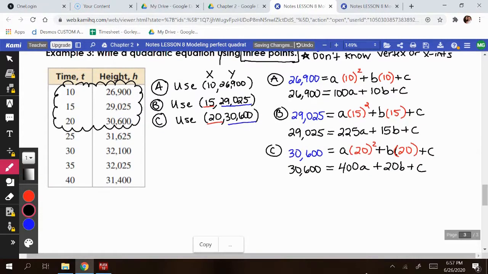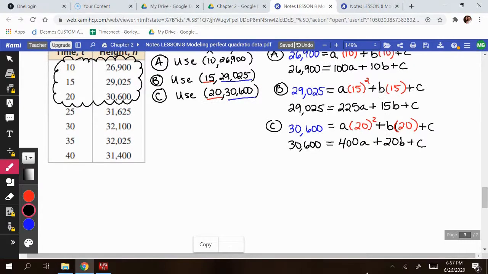All right, so now that we have 3 equations, let's go ahead and just write them all together. Equation A was 26,900 equals 100a plus 10b plus c.